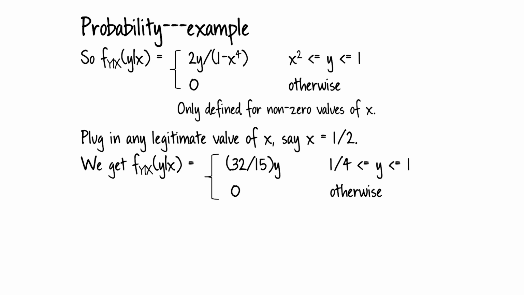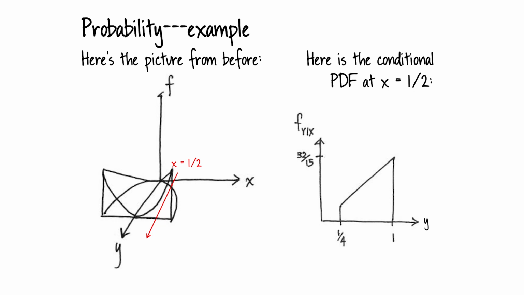That's the little red arrow that I had on the previous slide. And we just plug that into the general form for the conditional distribution on the top, and we get 32/15 y for y between 1/4 and 1, and 0 otherwise. So what does this look like graphically?